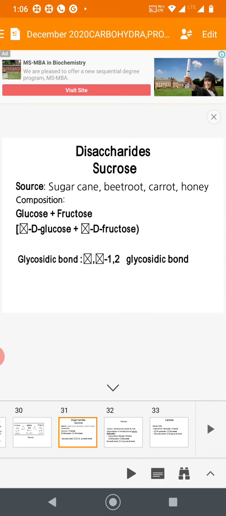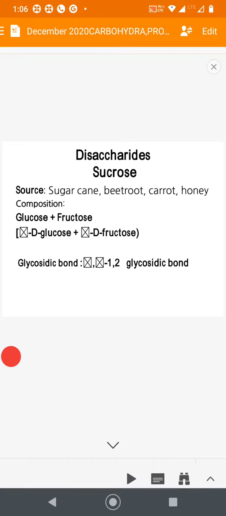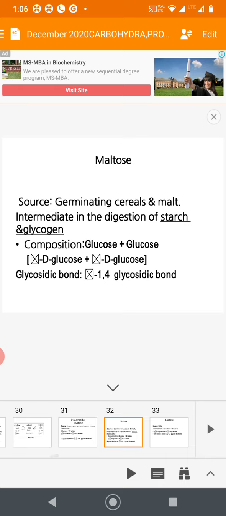The glycosidic bond present here is alpha 1, beta 2 glycosidic linkage, which can also be called beta 1, 2 glycosidic linkage. So you better write in the notes: alpha 1, beta 2 glycosidic linkage in sucrose.